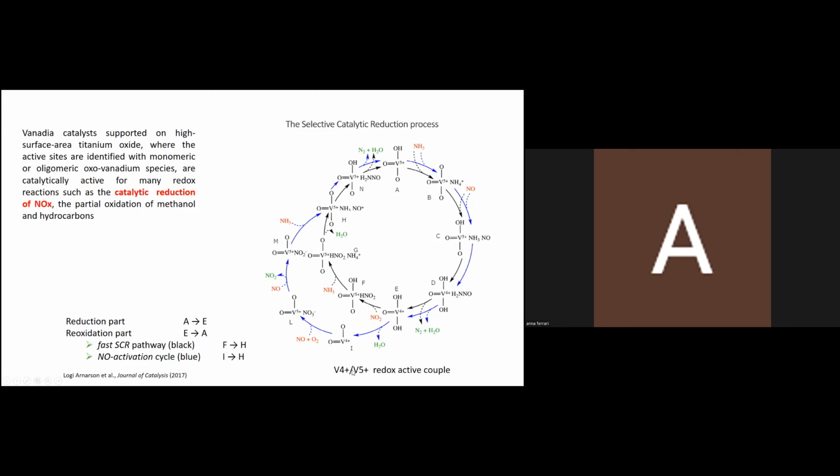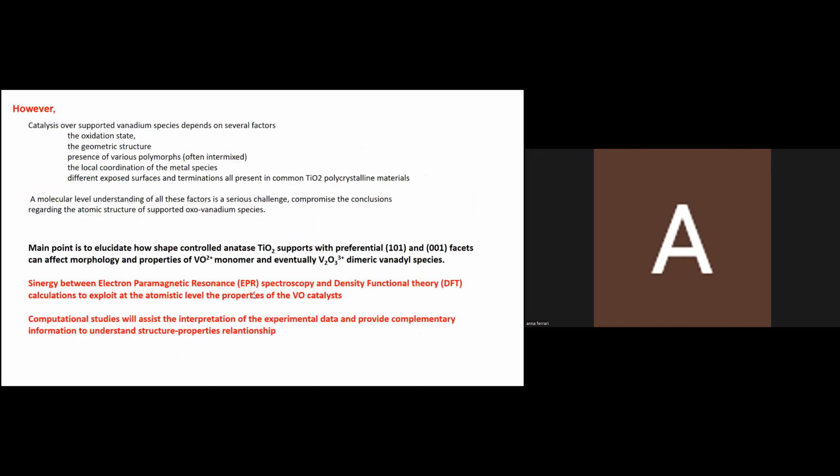In particular, vanadium 4 has one unpaired electron, so it is magnetic, it is a spin one-half, and this can be detected by magnetic spectroscopy, like electron paramagnetic resonance spectroscopy. And we focus then on how to study and detect these complexes of vanadium 4.